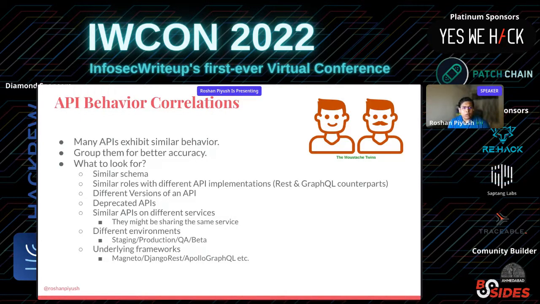So now, once you have the APIs, you will want to group them for better accuracy. What you want to look for is similar schemas around each of the API endpoints. You will see there are similarities between them. Let's say there would be get/user/profile, and there would be get/profile directly.